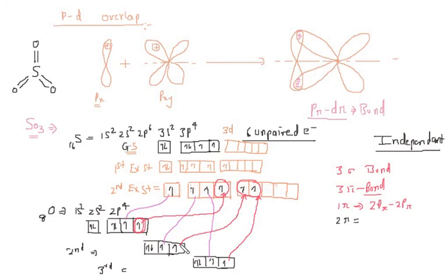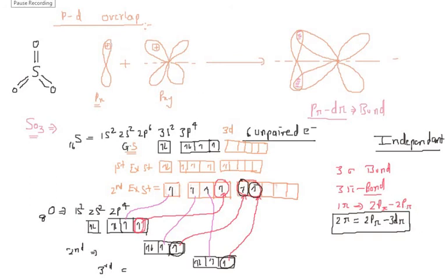You can see here, this particular orbital is getting overlapped with the 3d orbital of sulfur. So the other 2 pi bonds are 2p pi, 3d pi. Okay, so there are total 3 pi bonds. So this is all about the structure of sulfur trioxide.